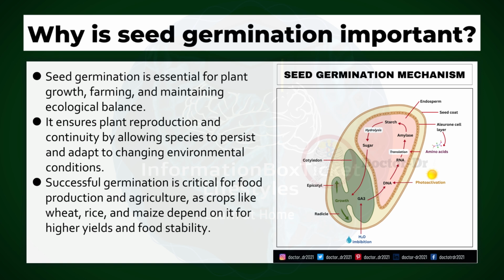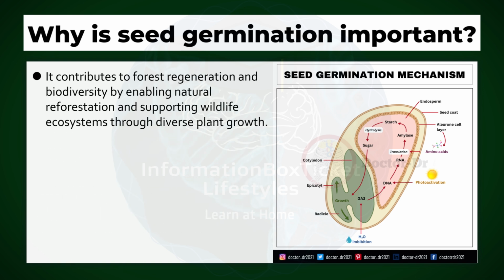Successful germination is critical for food production and agriculture, as crops like wheat, rice, and maize depend on it for higher yields and food stability. It contributes to forest regeneration and biodiversity by enabling natural reforestation and supporting wildlife ecosystems through diverse plant growth.